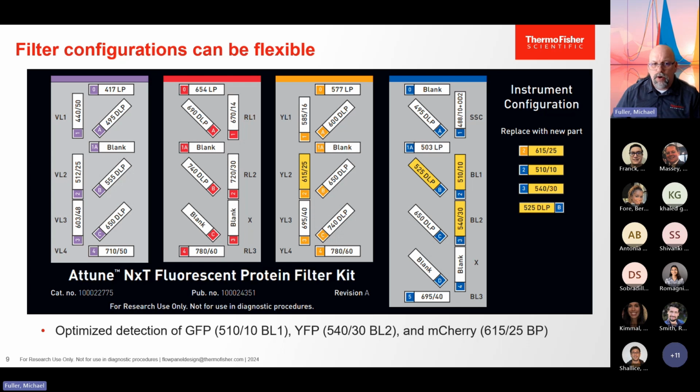To illustrate this point, I'm going to walk you through using our fluorescence protein filter kit. We have a supplemental filter kit that you can purchase with our Attune flow cytometers that would allow you to get more optimized detection of both GFP and YFP, as well as mCherry.